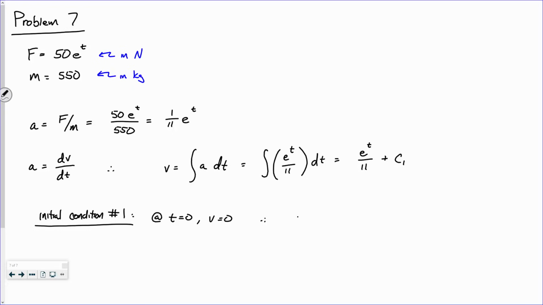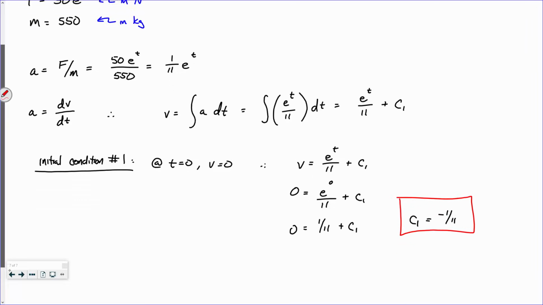So that means that v equals e to the t over 11 plus c1. 0 equals e to the 0 over 11 plus c1. What's anything raised to the 0 power? 1. So 0 equals 1/11 plus c1. c1 is minus 1/11.